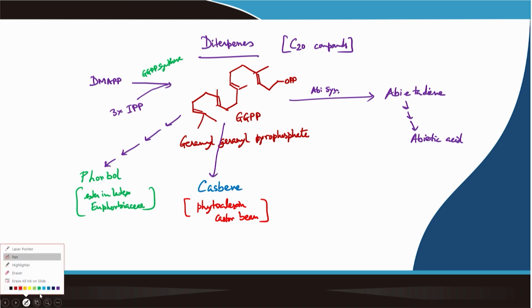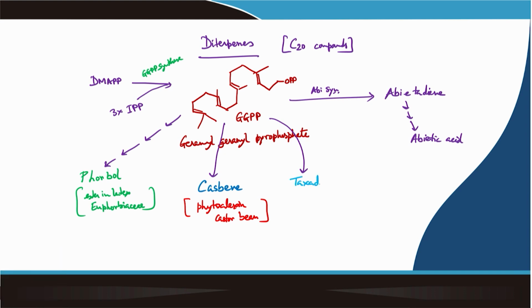GGPP also contributes towards the formation of taxadiene. Taxadiene basically contributes to the skeleton of taxol, and taxadiene synthase is responsible for that.